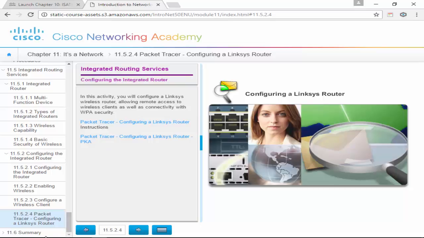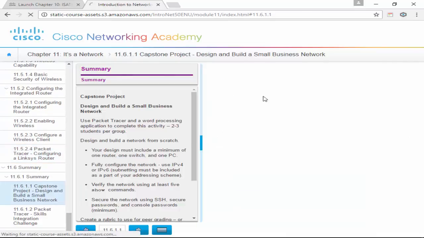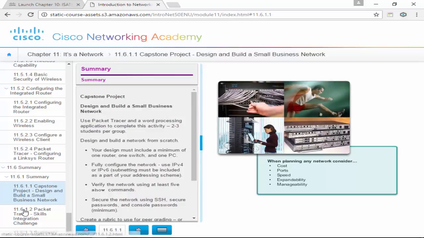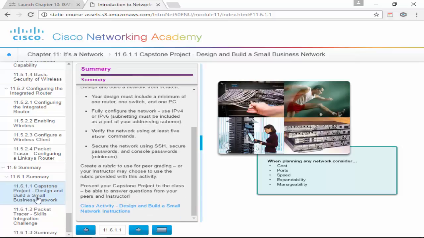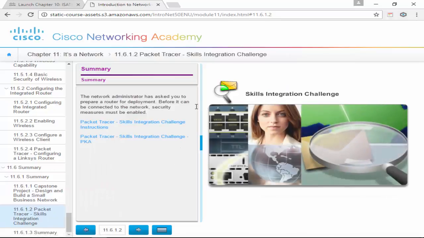You can launch that up and it will show you, you can set up WEP and all of that, and take a computer, a laptop, and connect to the wireless on packet tracer and see if you know what you're doing. Alright, so I won't even do that capstone, but if you guys want to warm up for the packet tracer that's coming, I would definitely do this packet tracer skills integration.